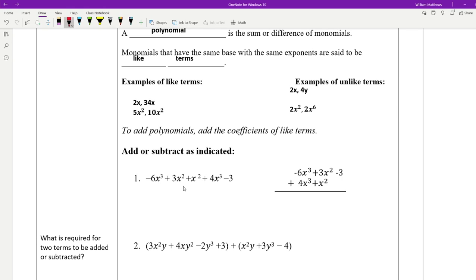As you can tell, we have multiple x for a base, but we have different powers. We have some that are cubed, or to the power of 3.